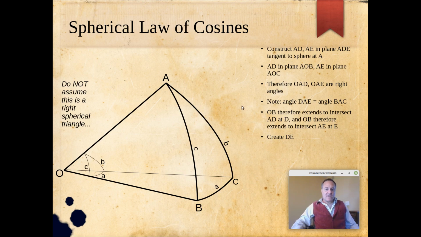So first what we're going to do is construct AD and AE in plane ADE tangent to the sphere at A. What I want you to imagine is we're going to take a plane, like a sheet of glass, and lay it on the sphere at point A, touching only at point A, and therefore it must be perpendicular to the radius of the sphere OA, okay?